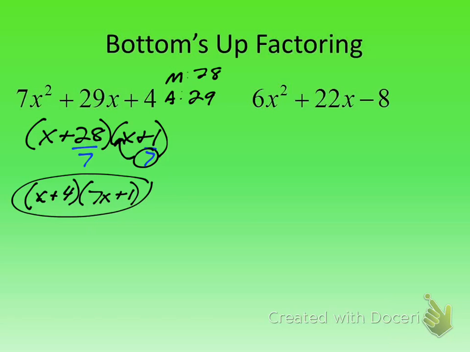What does 6, 22, and negative 8 all have in common? They're even, which means you can what? Not an equation. You cannot divide by 2. You can factor out a 2.